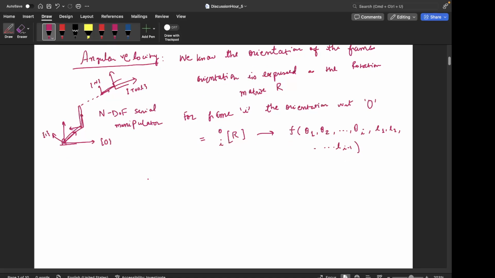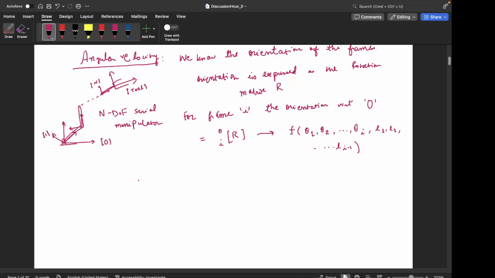Now, as you would have seen in the lecture slides, we need to find the angular velocity, and we cannot just differentiate the orientation to get the angular velocity, right? It does not work out like that. There are specific mathematical reasons, because the space of orientation is different.